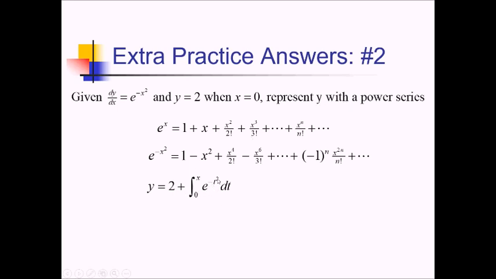We're going to have to expand this integral. So I have 2 plus, and now I'm going to basically have the antiderivative of all of this stuff. Now this is technically an integral from 0 to x, so it is basically the antiderivative of all this stuff with x plugged in minus the antiderivative of all this stuff with 0 plugged in.